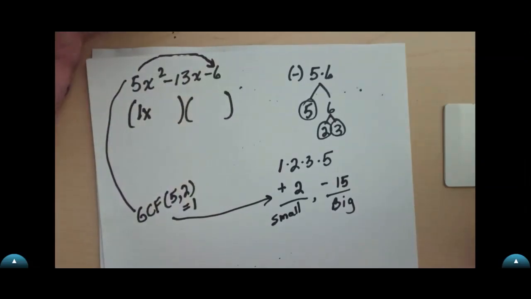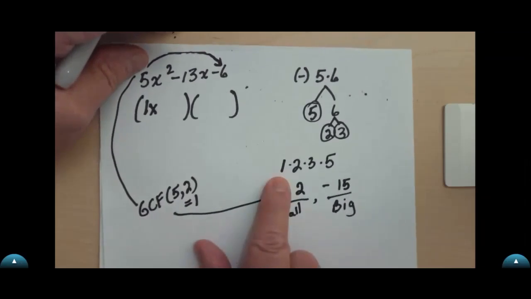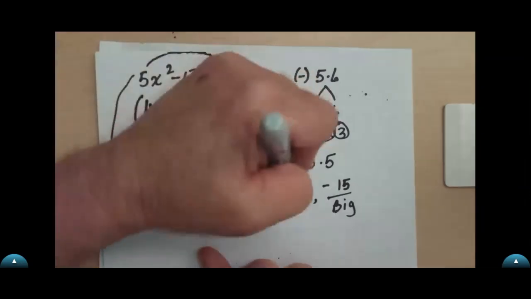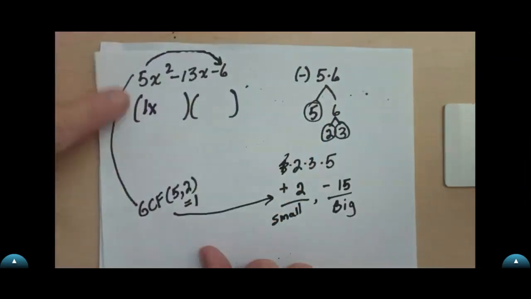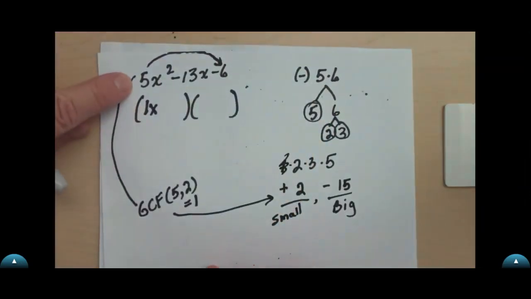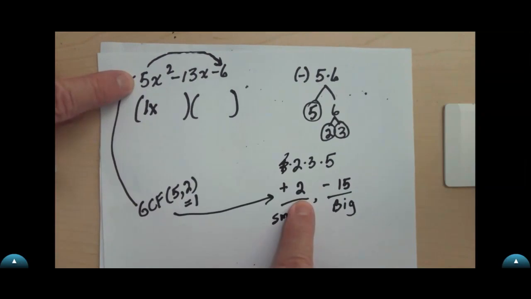And we usually think of it as a trivial factor because if you multiply it times something, you just get the number you started with. You see what I'm saying? I'll try to show you an example in a minute where it might be important to think about the fact that there is a 1 here, but we don't generally need it. All we're doing here with this 1 is saying, look, the greatest common factor of 5 and 2 is 1, right? 1 is a common factor of everything.